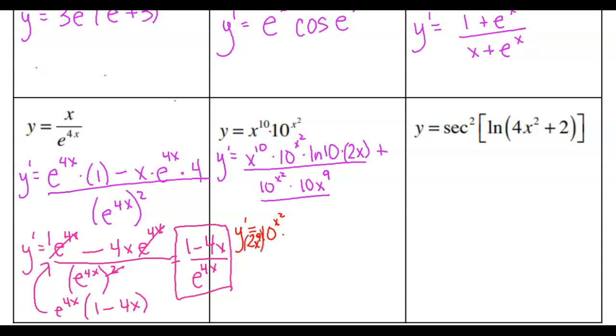I'm going to put these in parentheses. Actually, I'm going to write this nicer. Let's write it down here. And I know it is hard to see. So y prime, we're going to take out a 2x to the 9th and then 10 to the x squared of both terms.